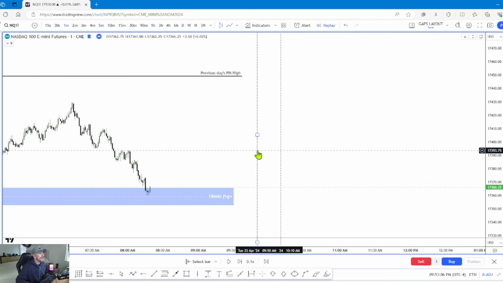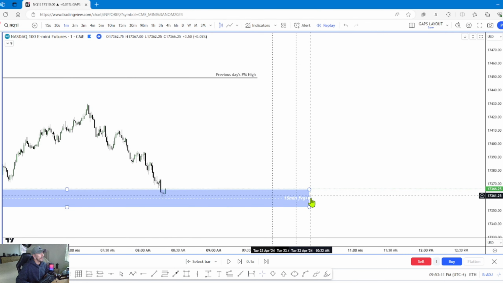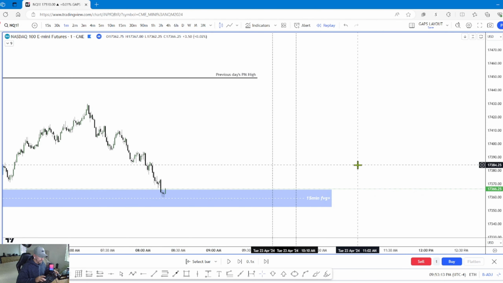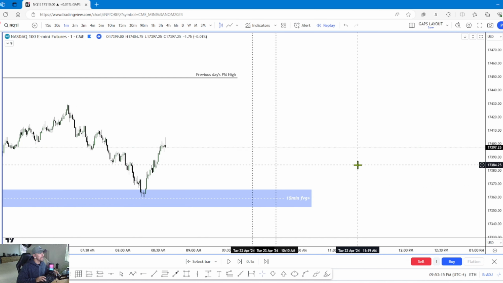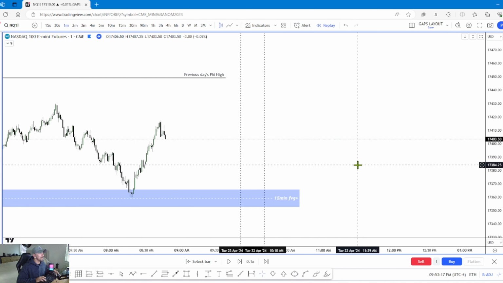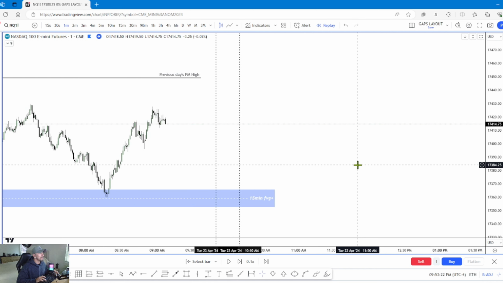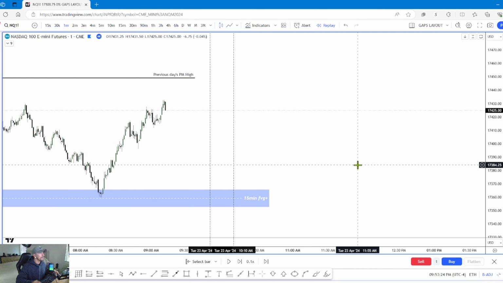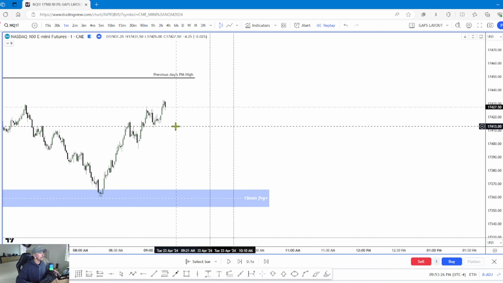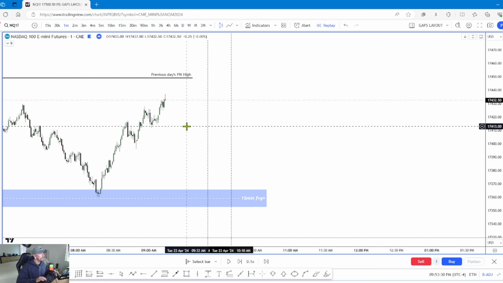So our specific time, we're looking for 9:50 to 10:10 in here. Okay, so let's see how the price reacts in here. So already we're starting to trade away. We want to see how we react to the 9:30 opening.